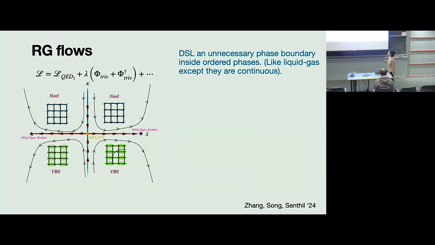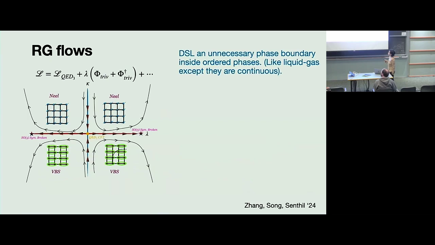At the origin, which is the putative unnecessary QCP, we have a relevant perturbation lambda, and the anisotropy term is irrelevant. However, once we turn on some monopole fugacity, the anisotropy term will first seem irrelevant, but eventually it will become relevant and determine whether we enter into the Néel or VBS phase.